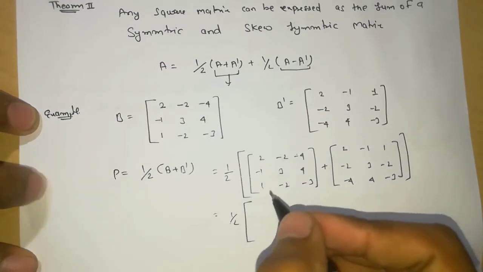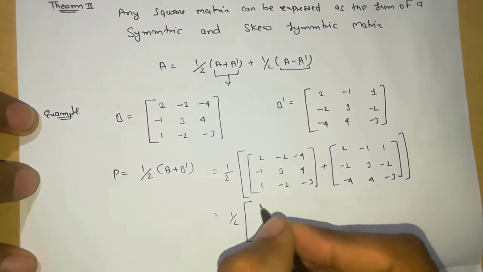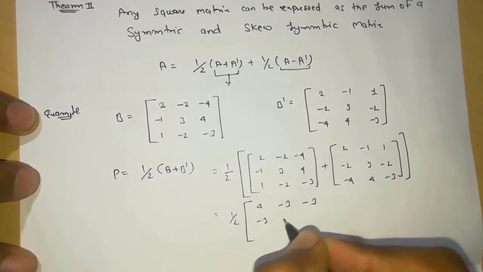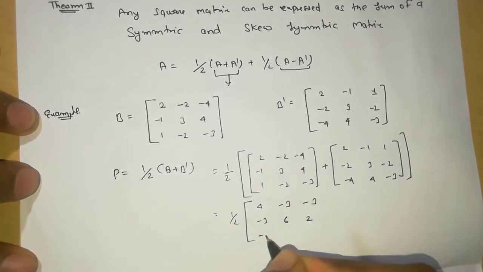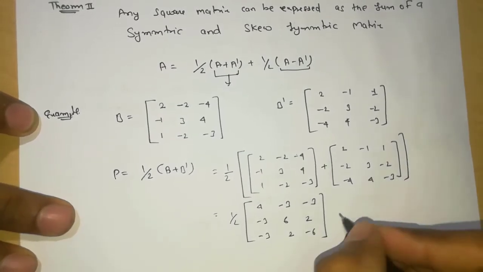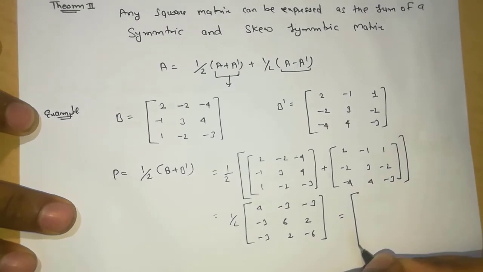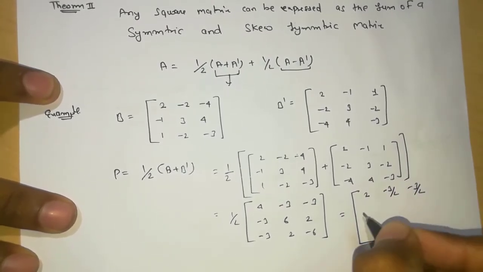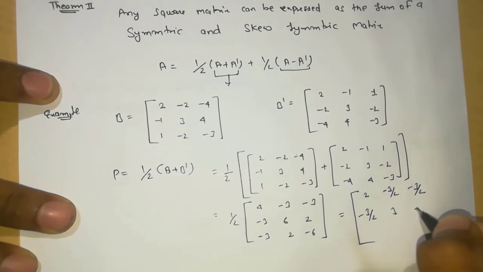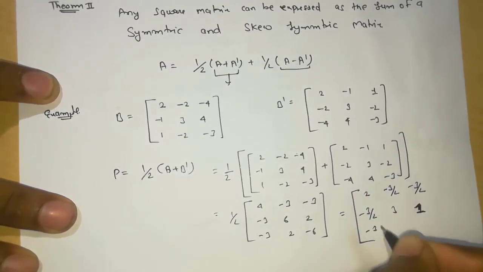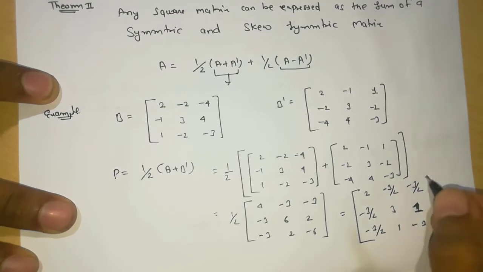First of all, we will take B transpose. It means change the rows with the columns. So after changing, we get the transpose of the matrix B: 2, -1, 1, -2, 3, -2, -4, 4, -3.